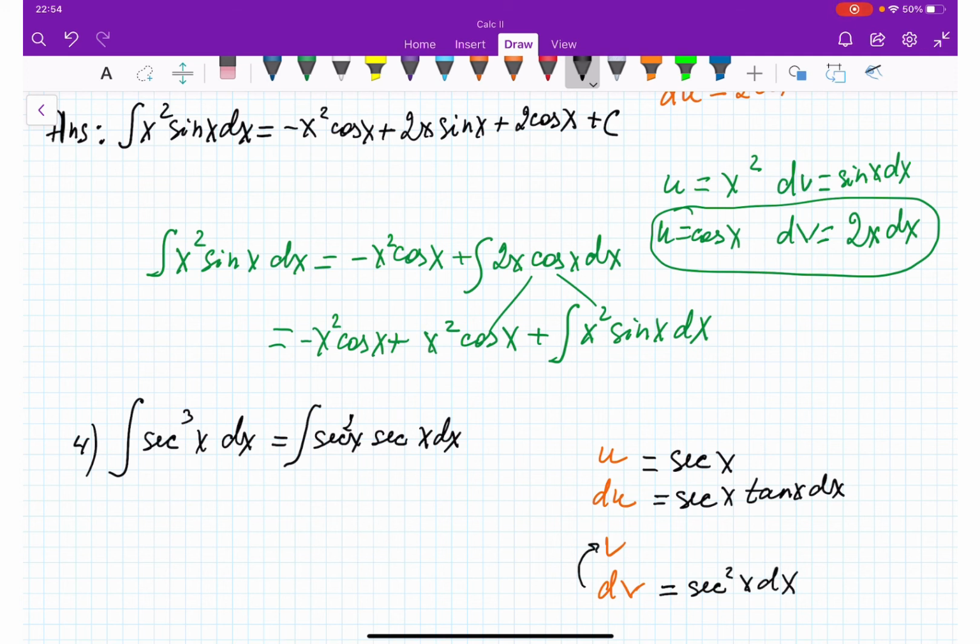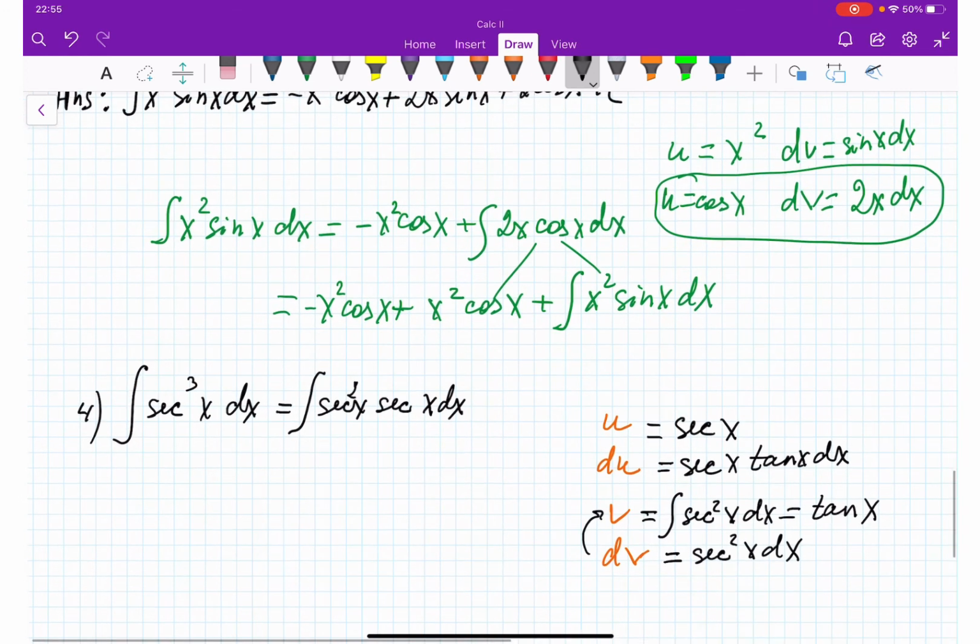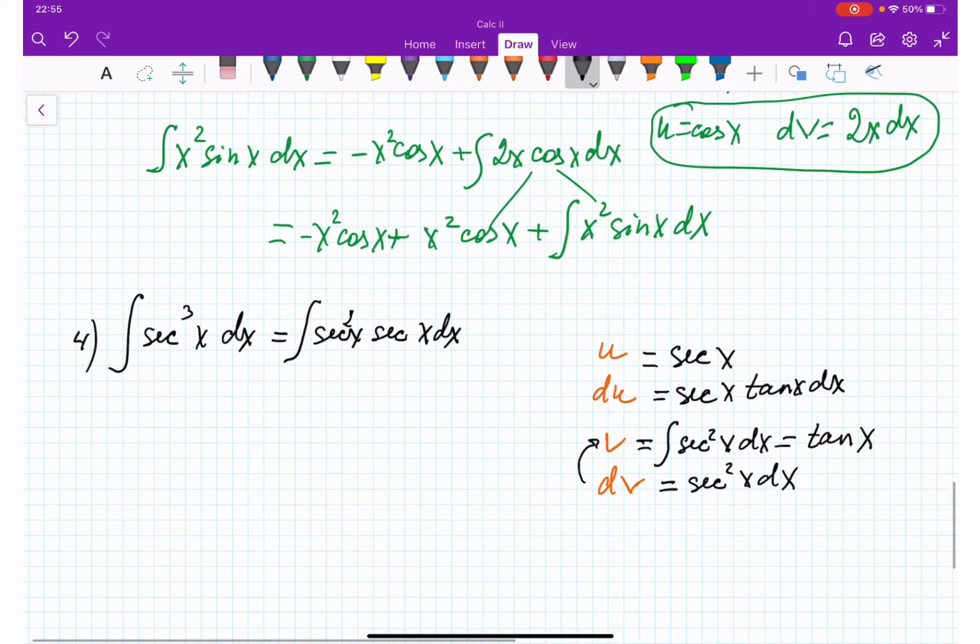So going backwards, meaning we are integrating secant square x dx, which is going to be equal to tangent x. We know that, right? Because the derivative of tangent is secant square, the integral of secant square is tangent.